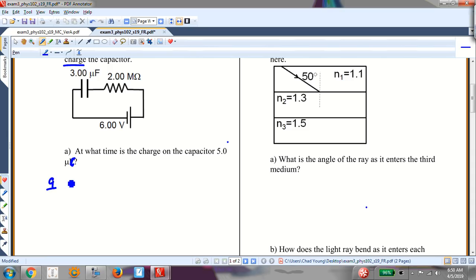So I know that the charge for a charging capacitor looks like this. And I want to know when is it equal to 5 microcoulombs.